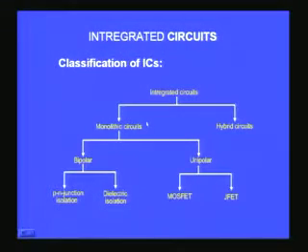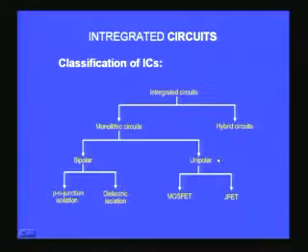Then if you take the monolithic circuit, which is the most popular among the integrated circuits, you can have monolithic circuits based on bipolar transistors, like normal BJTs, or bipolar junction transistors, which are the usual transistors that we have been discussing all along. You can also have another type of circuits built with unipolar devices.